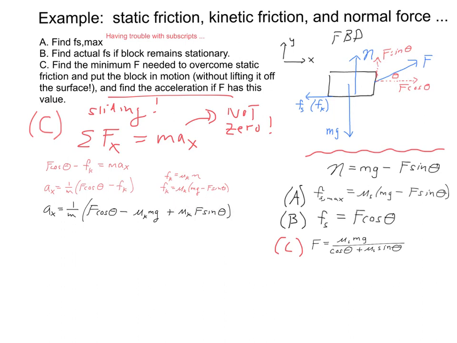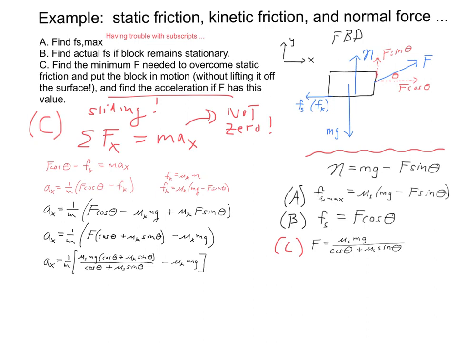I've distributed the mu sub k here and there, and distributed this minus sign through there to get a plus. Let's combine these terms with F, and then we can plug this value of F right in here.